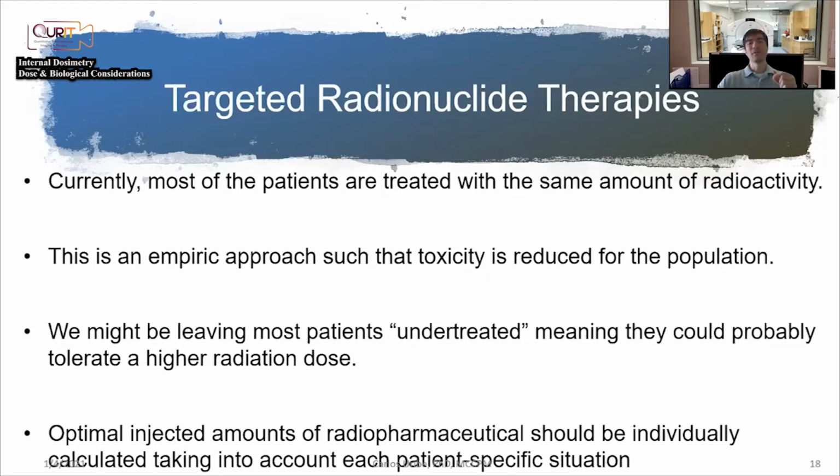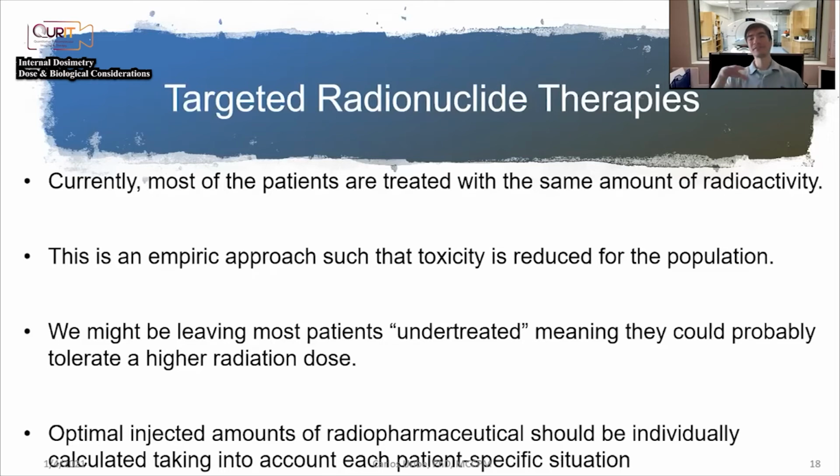What we do is that most patients are treated with the same amount of radioactivity. Of course, this is an empiric approach, and it has been chosen such that for the majority of the population, you don't really cause any toxicity. That means you don't end up killing a healthy organ that then makes the patient more sick.